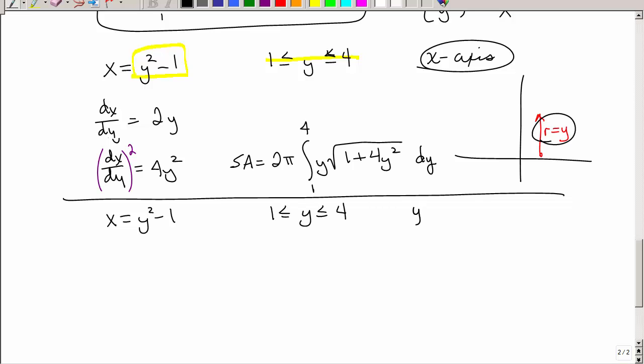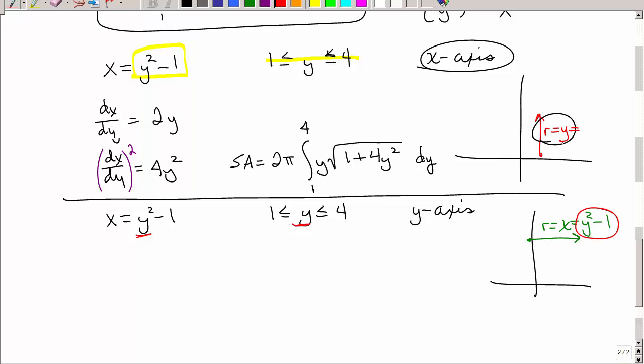I'm going to say, let's revolve around the y-axis. Okay, so the distance from my y-axis, wherever that parabola is, r is equal to x. But what does x equal to? Y squared minus 1. Because, again, I'm using my variable y, I want to use y squared minus 1. Why didn't I do that up here?